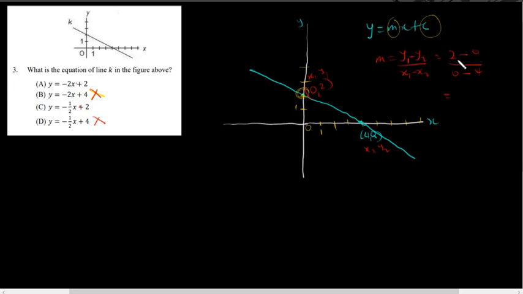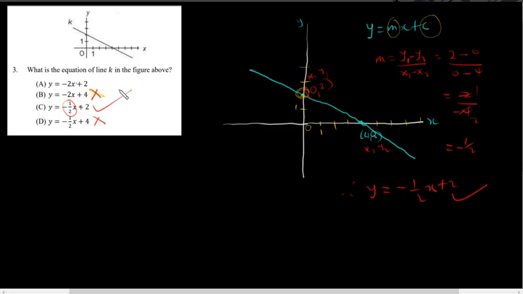I'm going to get 2 minus 0 is 2, and 0 minus 4, we have negative 4. So 2 over negative 4 gives a slope of negative half. Therefore the equation of the line is negative half x. Then the intercept on the y-axis is of course 2, so it is this plus 2, and the correct answer is C.